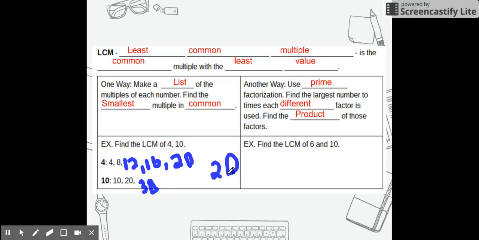All right. The factor tree way takes a minute, so let me draw it out. We've got 6 and 10. If you don't remember how to make factor trees, it's where you have to keep listing two numbers that can be multiplied into whatever the top of the tree is. So right now the top of the tree is 6, and you can multiply 3 and 2, and those are both prime.